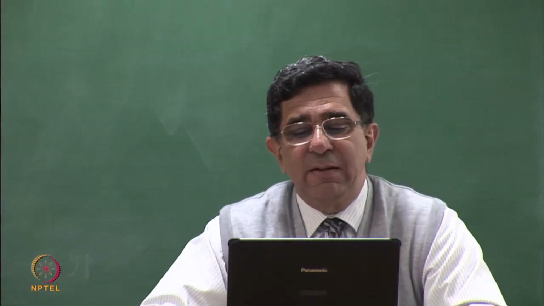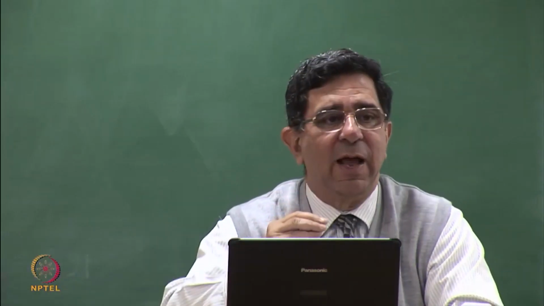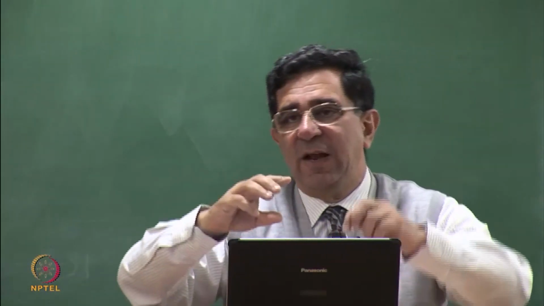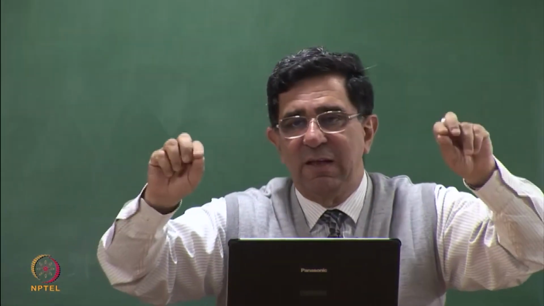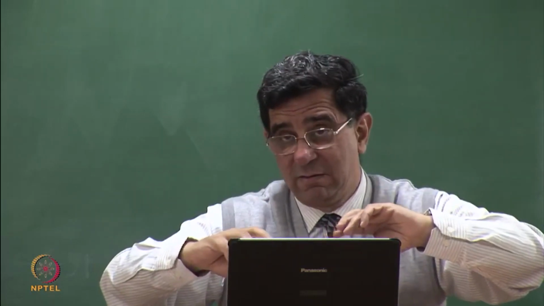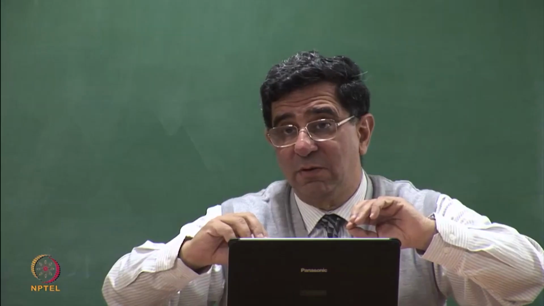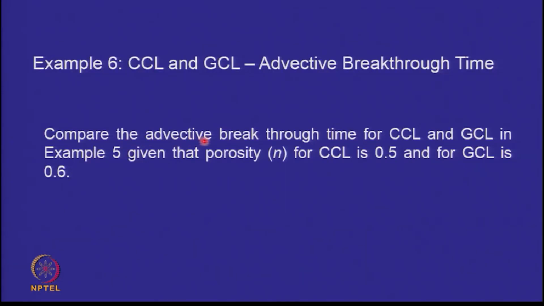We would like to compare the advective breakthrough time. That means in how much time does the leachate come below the liner? As far as your design is concerned, this is an impervious layer. One is thin, one is thick, one is low permeability, one is slightly higher than the low permeability of the GCL. Now, what we are saying is, compare the advective breakthrough time for CCL and GCL in the previous example.